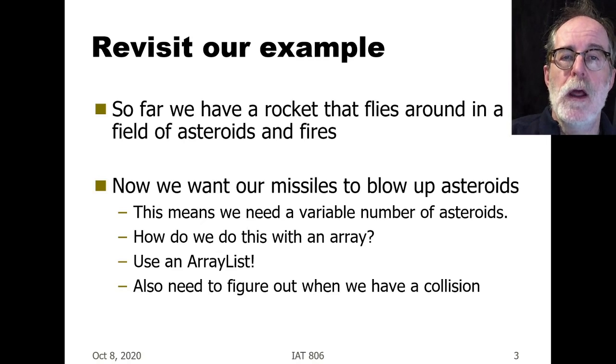Or I could do a third broad approach. Instead of specially marking an empty array element, I could have a high watermark for the number of elements that are stored in an array, and every time I add an asteroid, I increase that high watermark to say now there are 3 asteroids, now there are 4 asteroids, now there are 5 asteroids, etc. And every time I delete one, I mark the one I want to get rid of, and I move all the ones above in the array down by 1 to fill that empty spot.